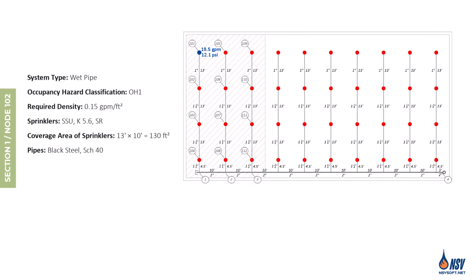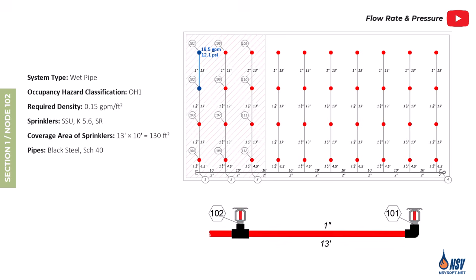Since we already know the pressure at node 101, we can calculate the pressure loss along section 1 to determine the pressure at node 102. The pressure loss in section 1 consists of both major and minor losses. In this section, we have one elbow and one T fitting. However, we can ignore the minor loss in the elbow as NFPA 13 permits excluding fittings where sprinklers are directly installed on them.